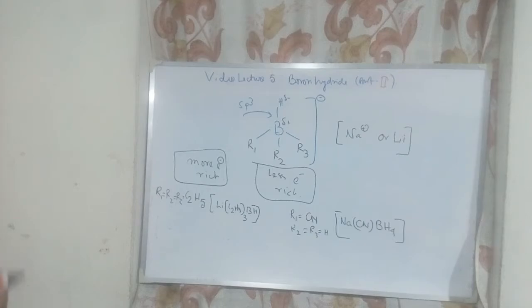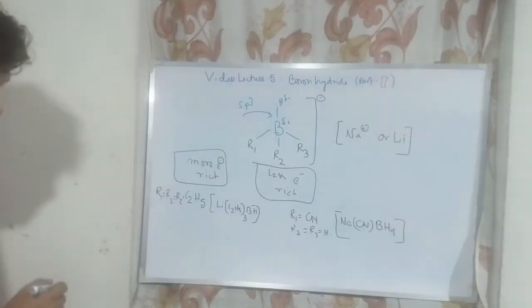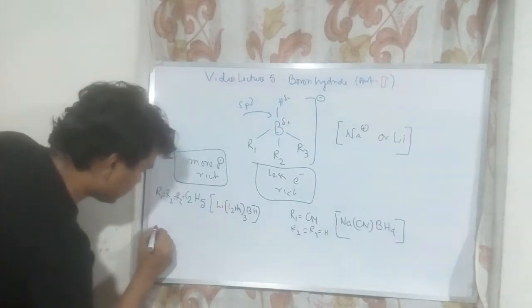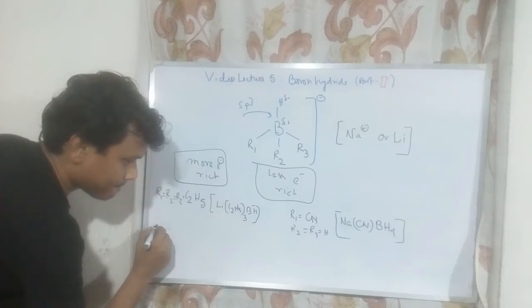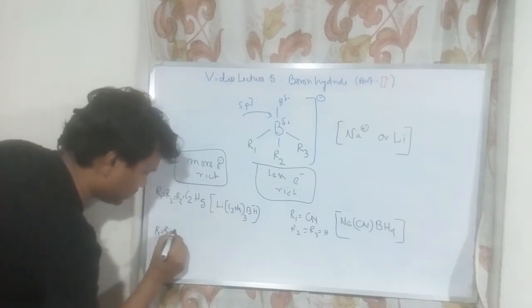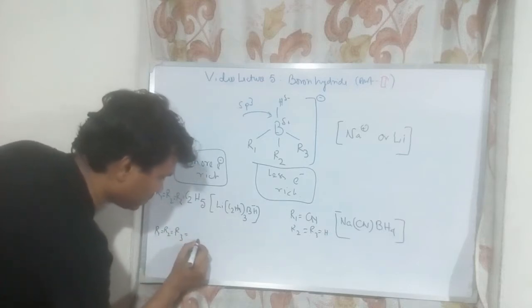And similarly, another type of variation we can make. For example, here we take R1 equal to R2 equal to R3 equal to isobutyl. Isobutyl means this.